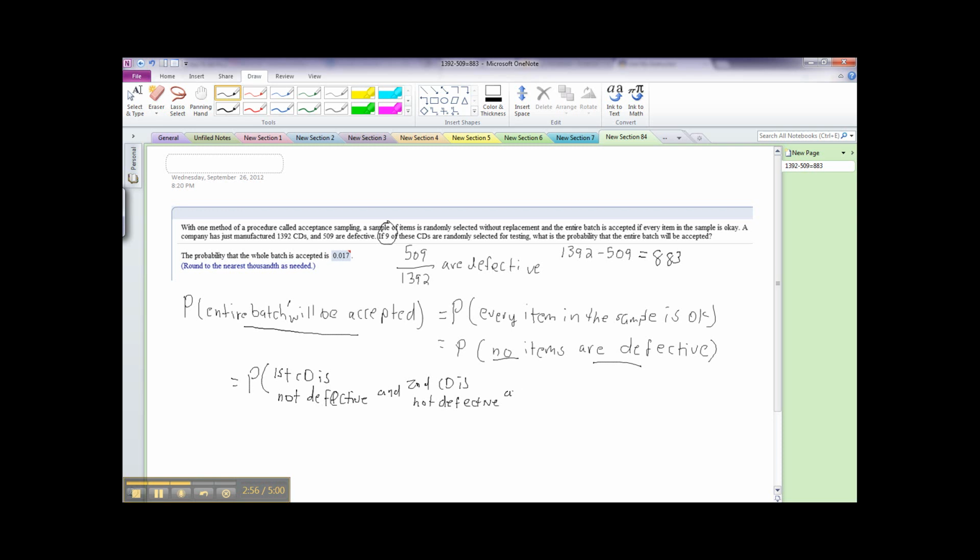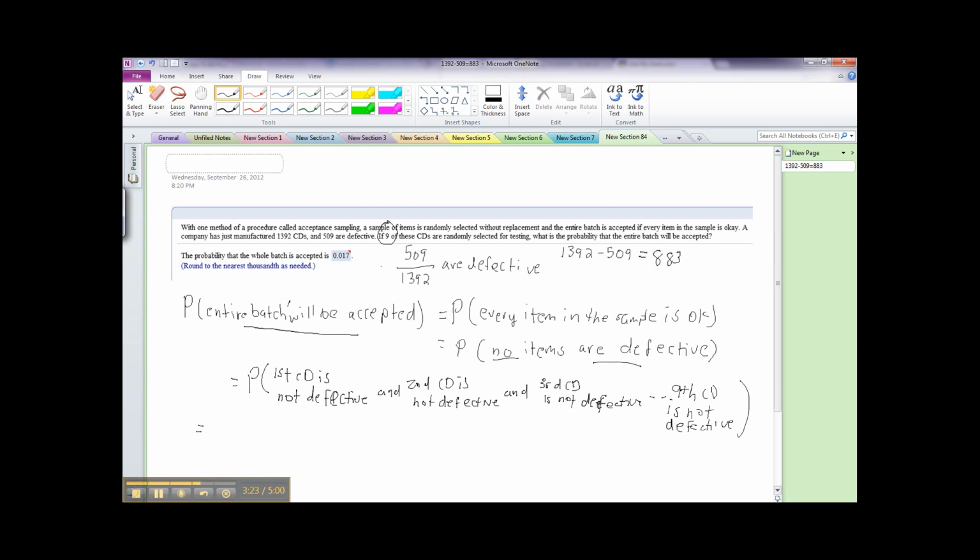And again, the third CD is not defective, etc. all the way down to what? The 9th CD is not defective.